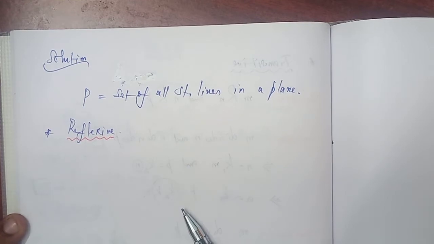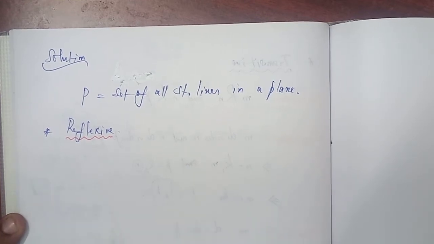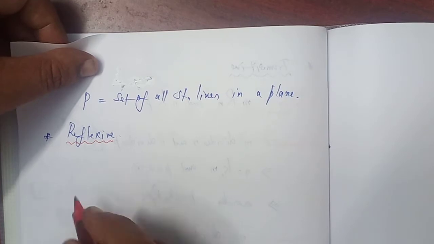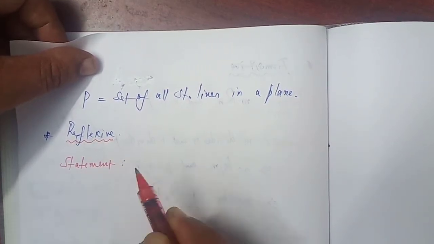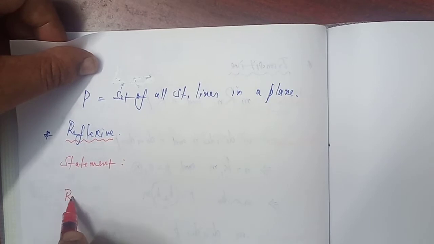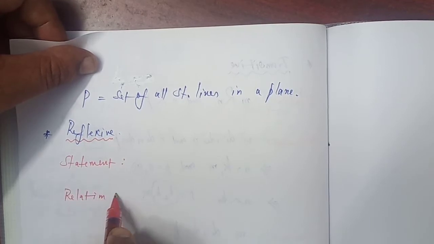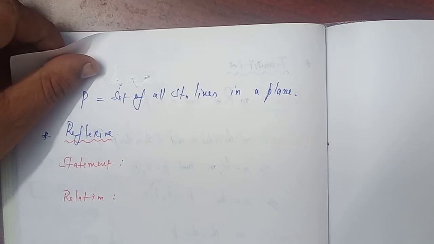For reflexive, first you have to write the statement followed by the relation. This is a procedure, statement followed by relation.